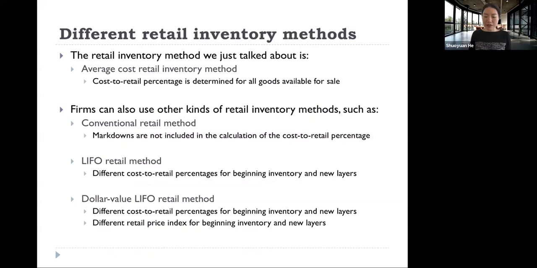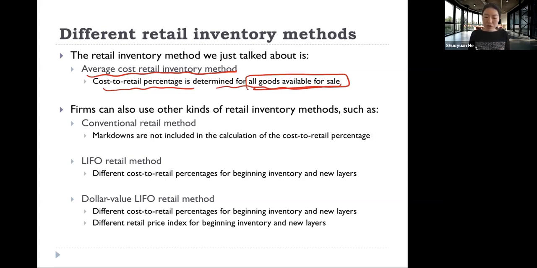So this is the retail inventory method. And the method we just talked about is called the average cost retail inventory method. So in this method, the cost to retail percentage is determined for all goods available for sale. This is one specific kind of retail inventory method.